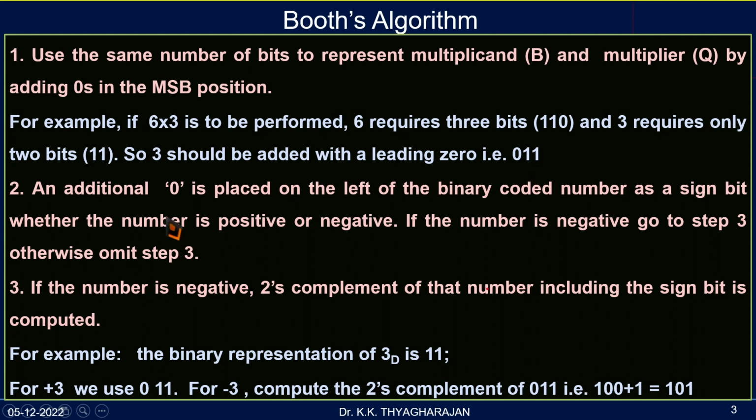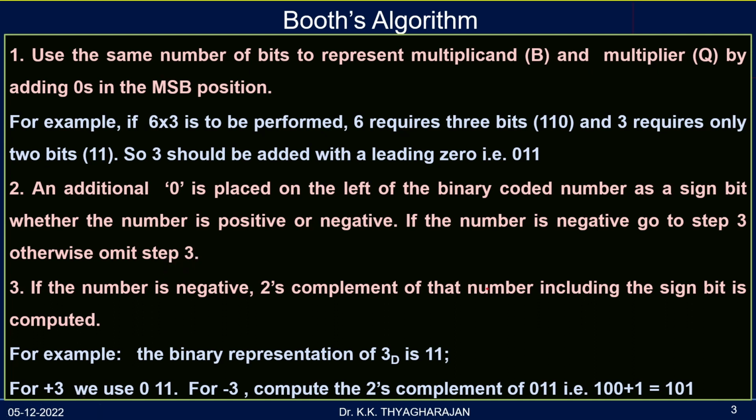Add an extra 0 to the left of the binary coded B and Q. This bit is used for handling the sign. But remember that irrespective of whether the number is positive or negative, you should add only 0 because it is not the actual sign bit. It is only used to handle the sign.